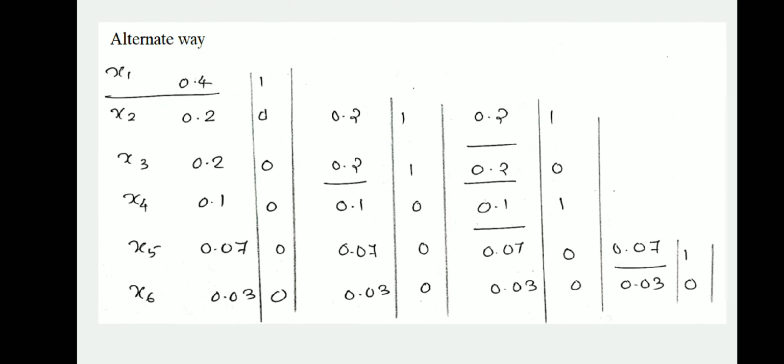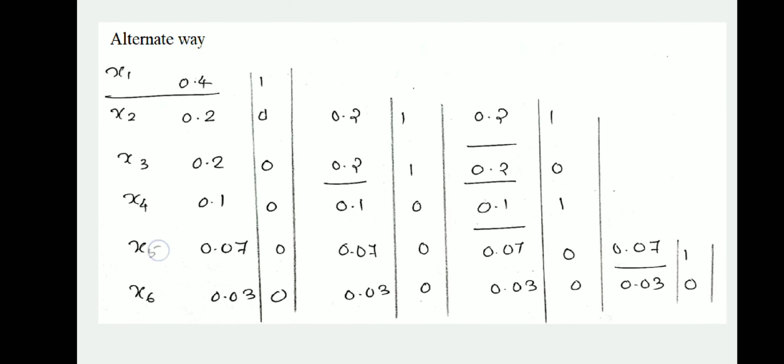So that's the code redundancy and the code efficiency. The code efficiency is 96.04% and the code redundancy is 3.96%.